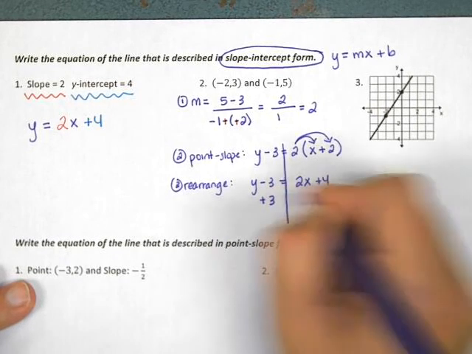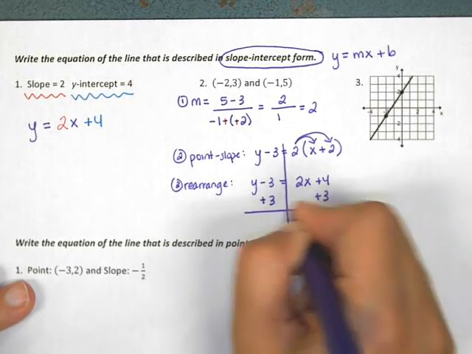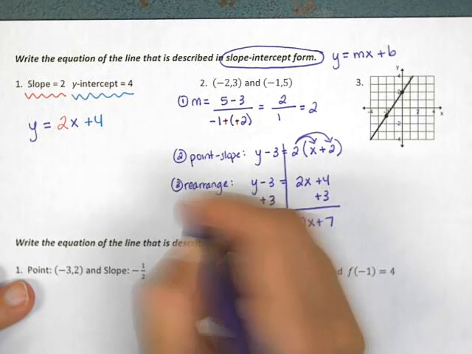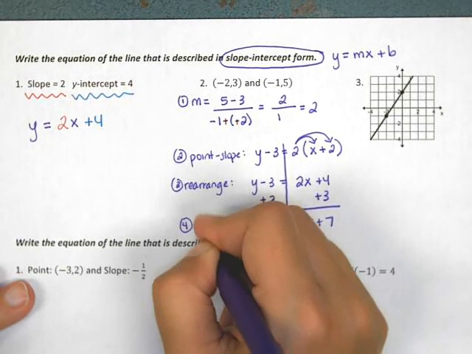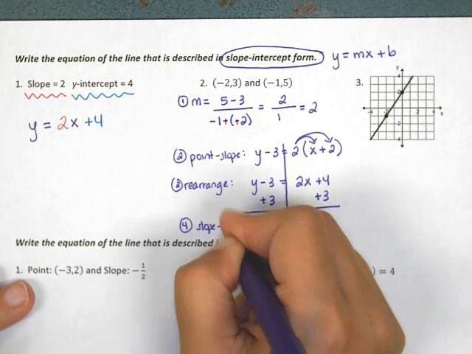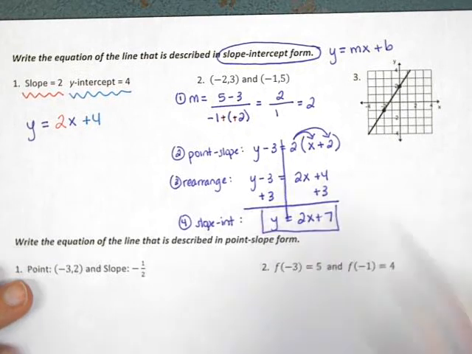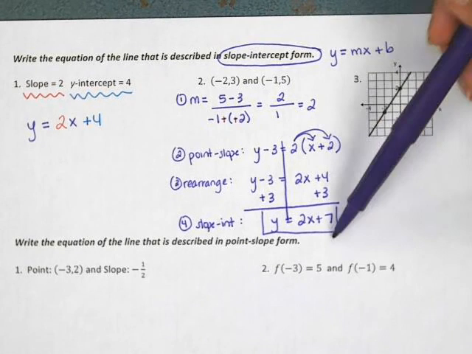Then we add the 3 to get y by itself, and we get y equals 2x plus 7, which is slope-intercept form. So this would be my final answer, but to get there, when you have two ordered pairs, you have to start with point-slope form and then rearrange it.